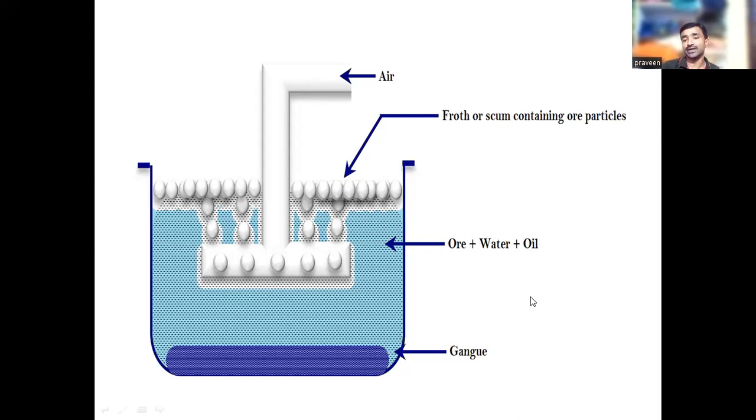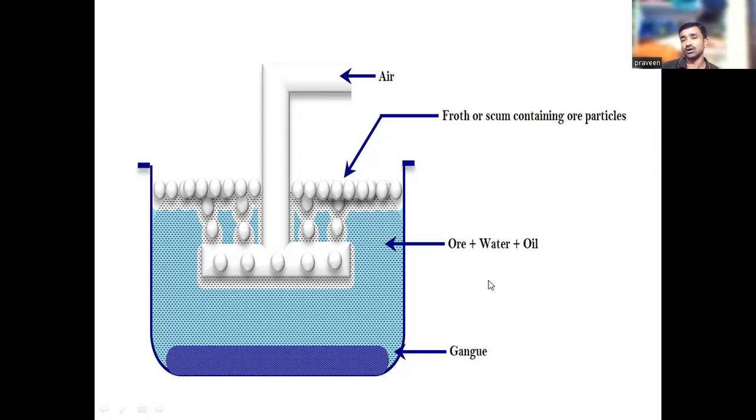The separated substance here, the heavy particles, reaches the bottom of the tank. Those are clay particles, pebbles, stones. We call them impurities, that is called gangue. Unwanted materials are called gangue here.